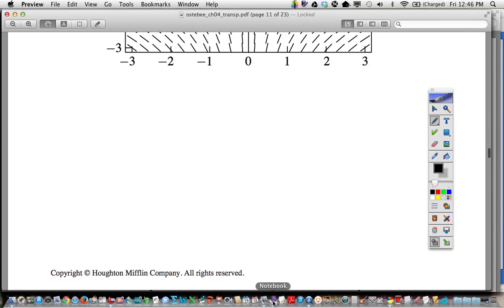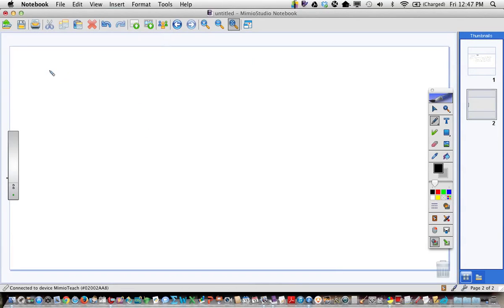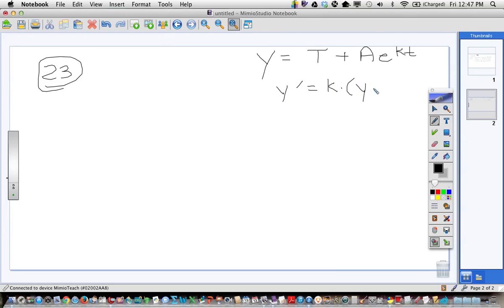Okay, so let's go ahead and move to number 23 now. And we're not going to go all the way through this, but basically you have to know, if you're doing a Newton's Law cooling problem, that you're working with this solution right here. Okay? Yes, this is the differential equation. Y prime equals k times y minus t. And you need to know that. And you need to know that these go together.